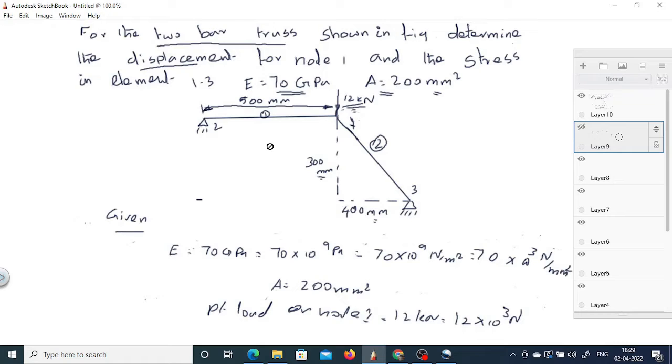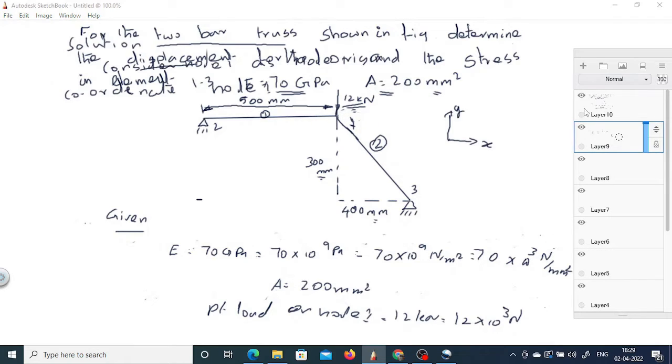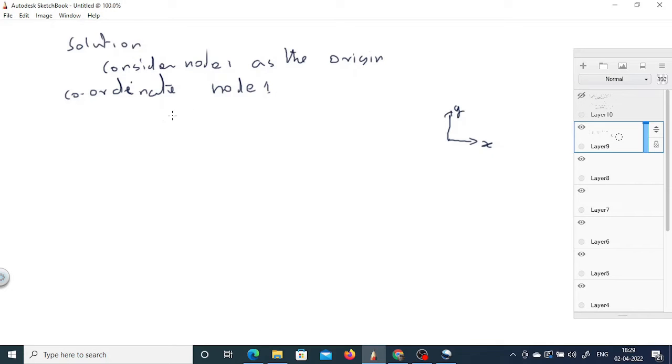Node 1 doesn't have any value because I consider this as the origin, so node 1 is always 0, 0. So node 1 I can write as 0, 0. Here the first 0 is x1 and this 0 is y1.